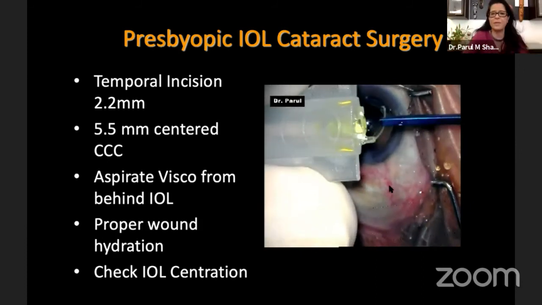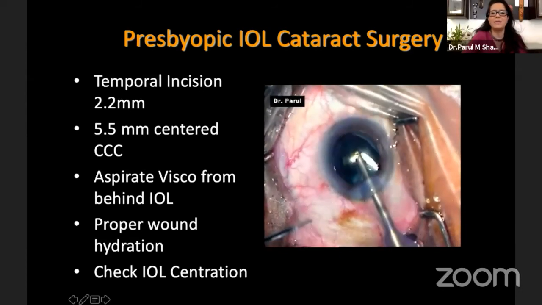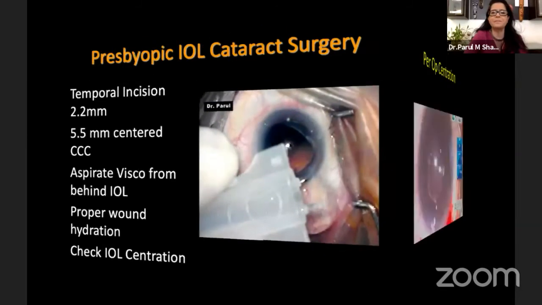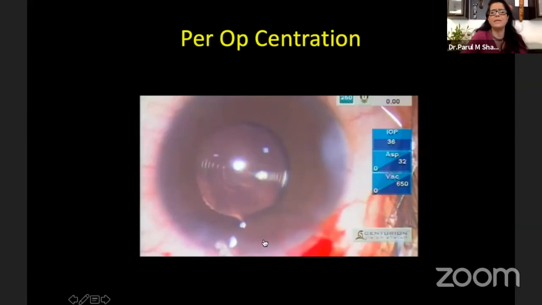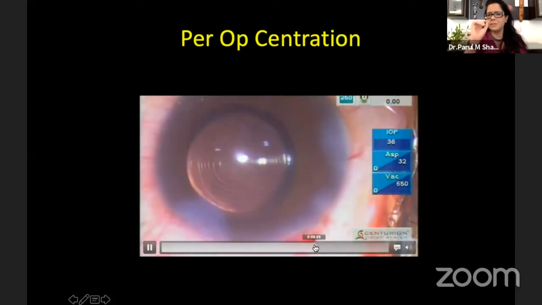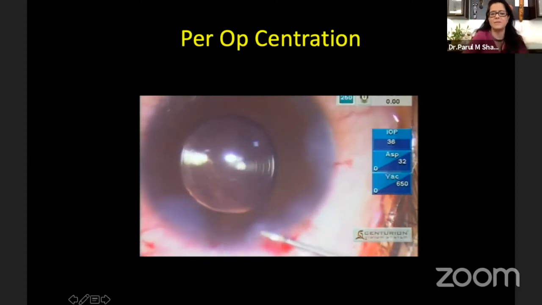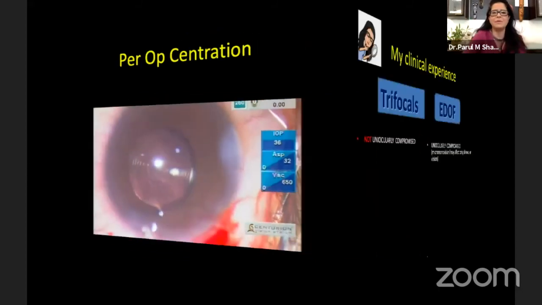Similar reason, proper wound hydration. And on how to check the centration of your lens, normally what I do is at the end of the surgery, I ask the patient to look directly into the microscope light, and I try to get the Purkinje image into the center of the optic, though ultimately it doesn't matter. It takes up the size of the capsule only, but still it gives you a good feeling.